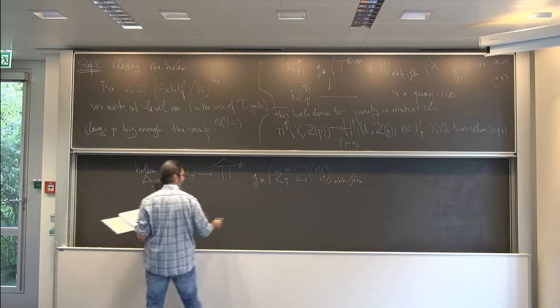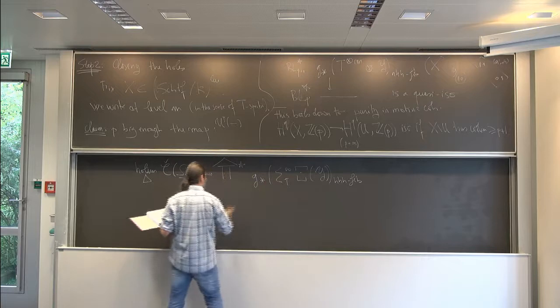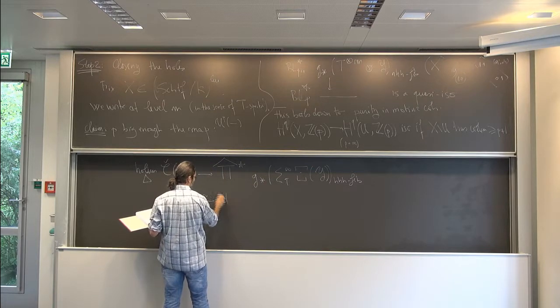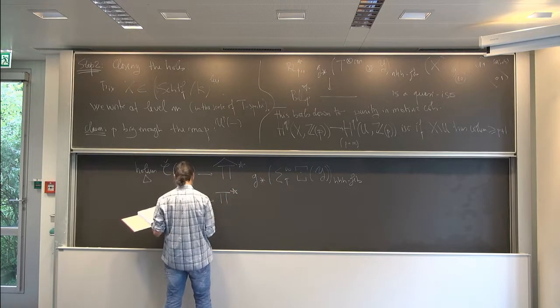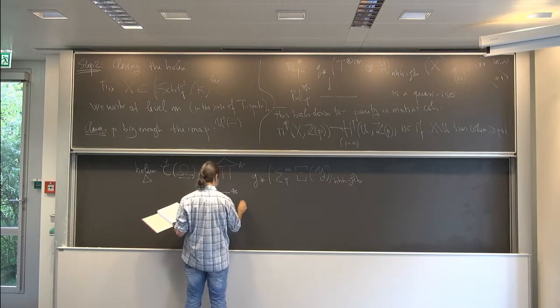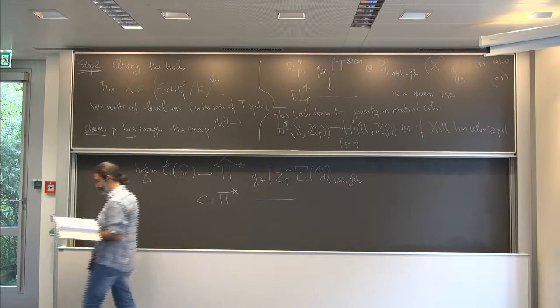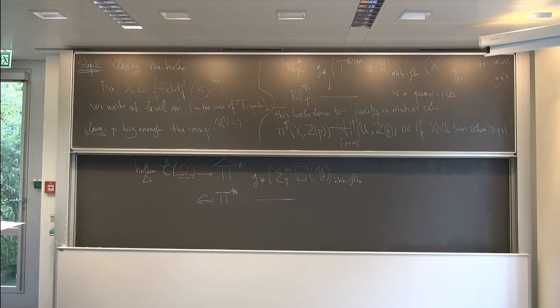And in fact, since this guy is fibrant, this is also the same as just pi star. The natural map goes like this. Right, so this is step 2.